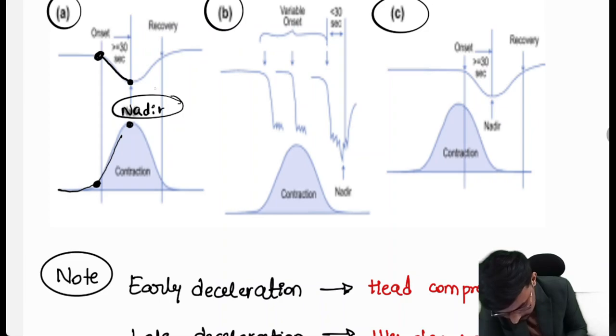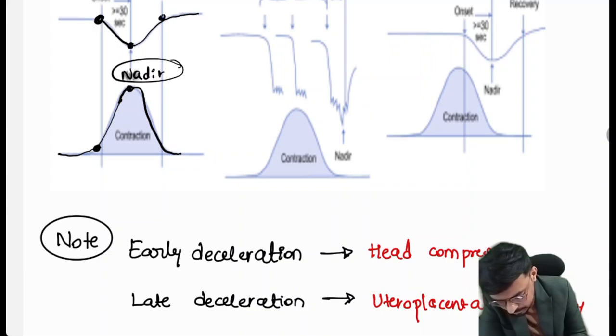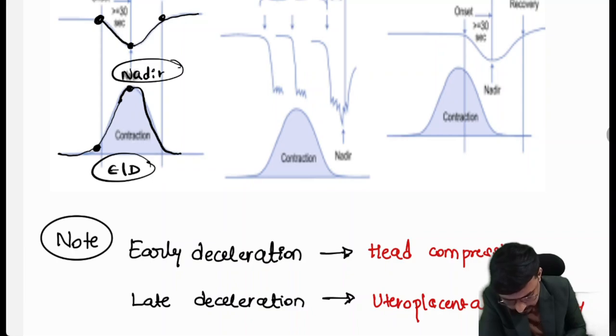So nadir is associated with the highest point of the uterine contraction. When the uterine contraction starts to reduce, the fetal heart rate goes back to normal. This happens due to fetal head compression, which is the case in early deceleration. What we have studied.